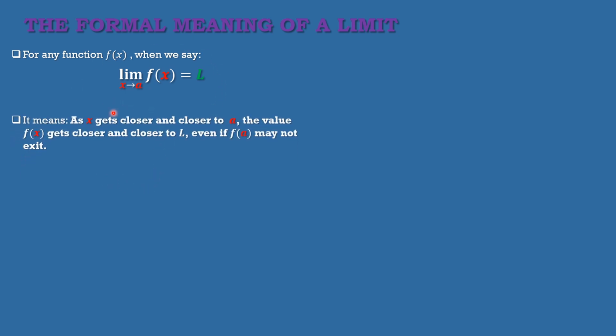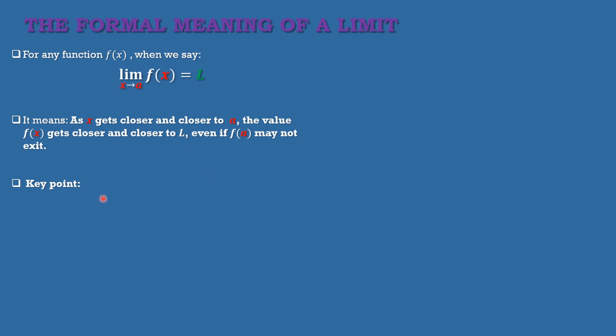So this expression means that as x gets closer and closer to a, the value of f of x also gets closer and closer to L, even if f of a may not exist. All we are saying is that L indicates the behavior of f of x when x approaches a. All these things that we are learning are about changes that occur between two quantities.